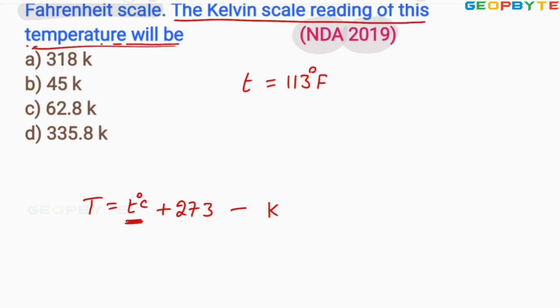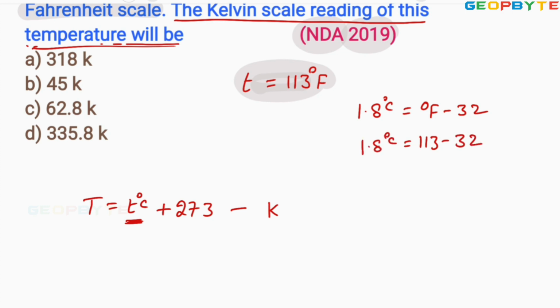Then the relation between the degree Fahrenheit and degree centigrade is 1.8 degree centigrade is equal to degree Fahrenheit minus 32. Here the degree Fahrenheit value given is 113. So 113 minus 32.